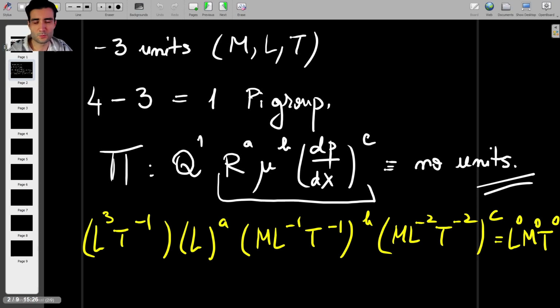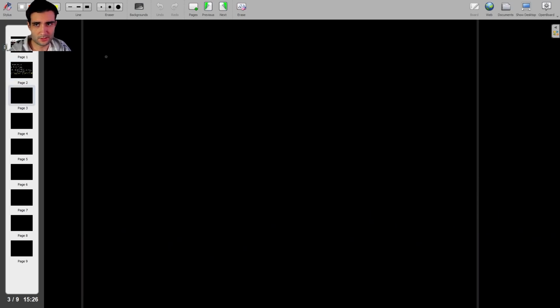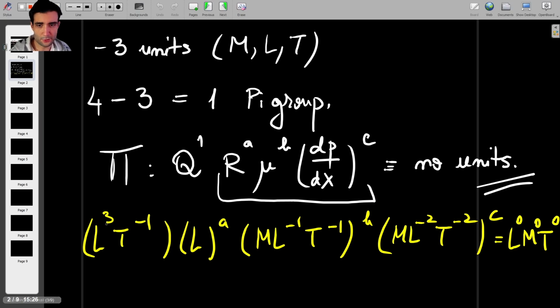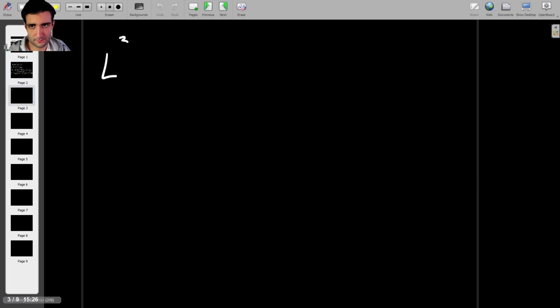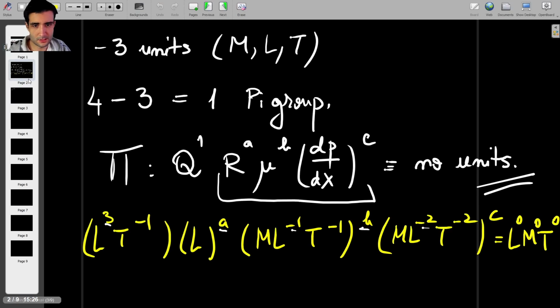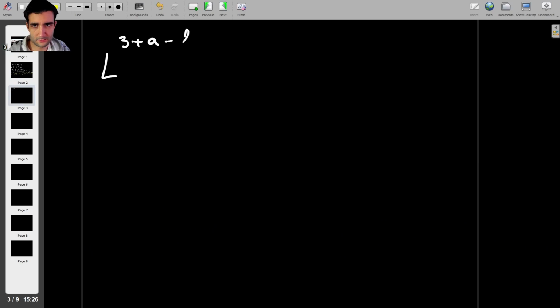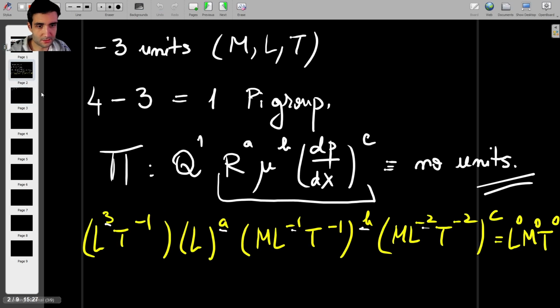And as usual, we're going to separate the variables and find what a, b, and c actually are. So this is going to be L to the power of 3 plus A minus B, right? It's minus B and then minus 2C.